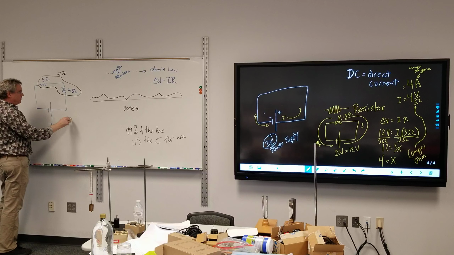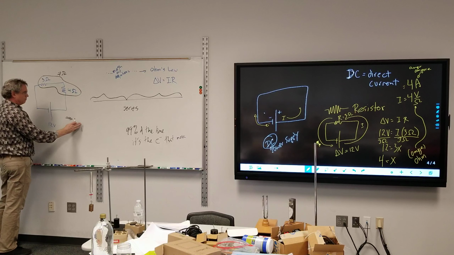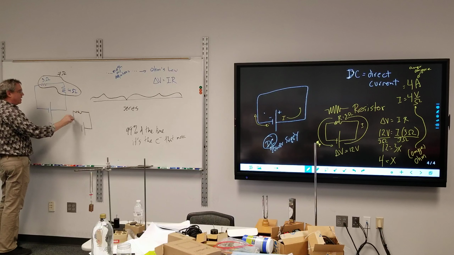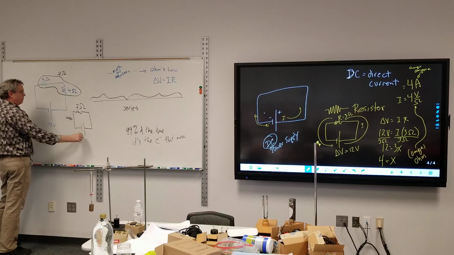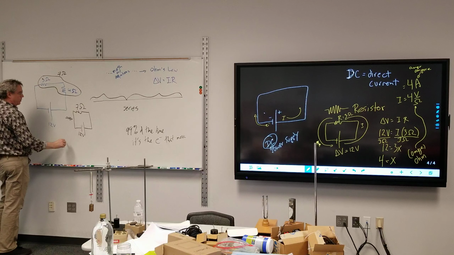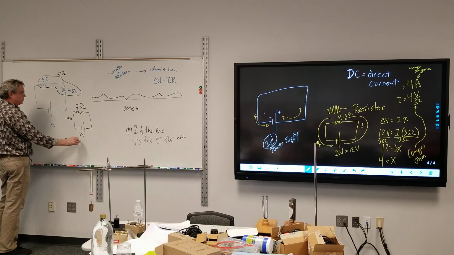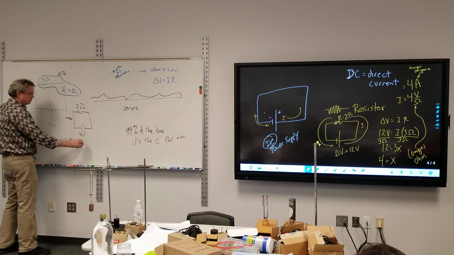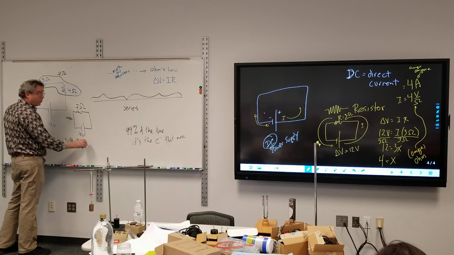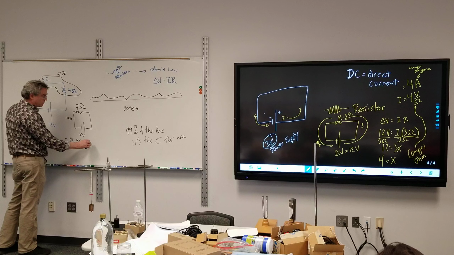So this is the equivalent of a 12 volt power supply and a single resistor of 7 ohms. My current is my voltage divided by my resistance, which is 12 volts divided by 7 ohms, 1.714, so about 1.7 amps.